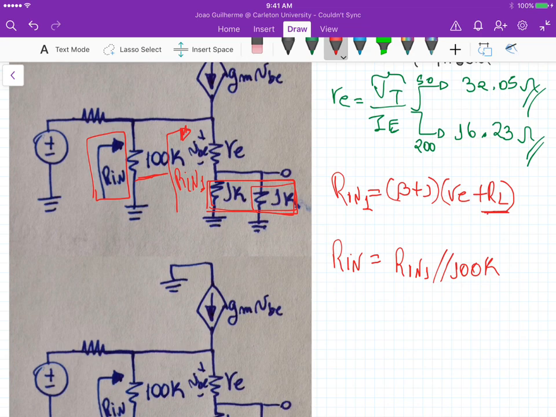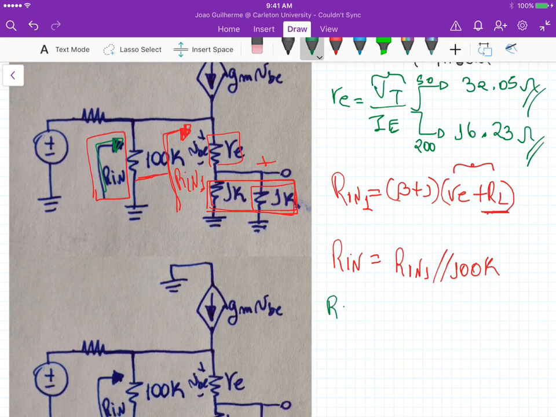So we add this load here, so it's a series, right? RE plus RL. But here RL is a parallel between 1K and 1K. So this one here plus this parallel times beta plus 1, that's the input resistance seen from this terminal. But we want to figure out the input resistance seen from this terminal here. And that's R in 1 in parallel with the 100K, right?